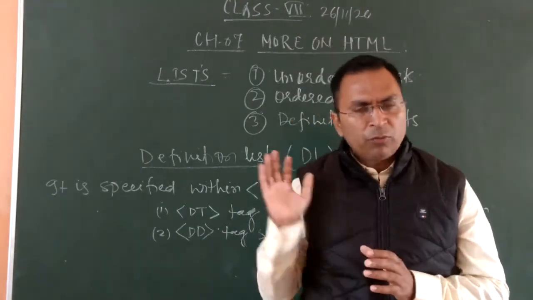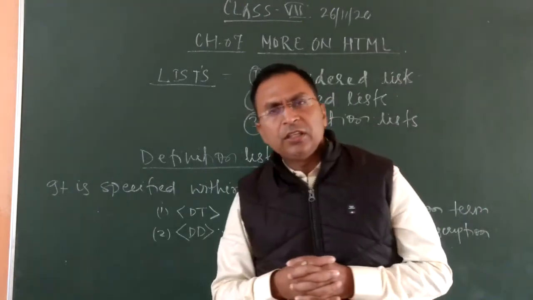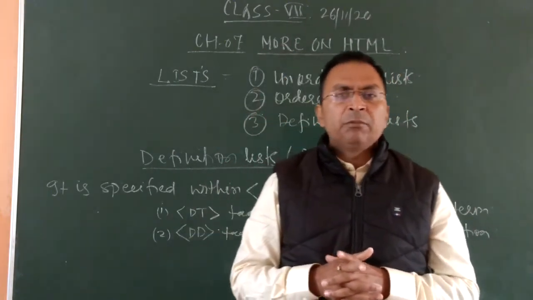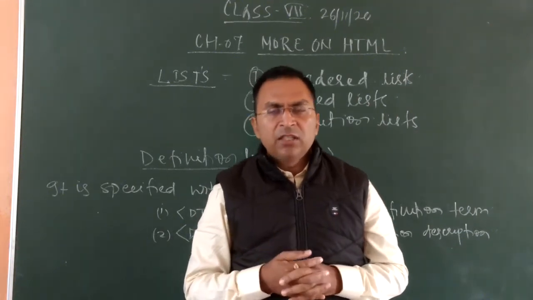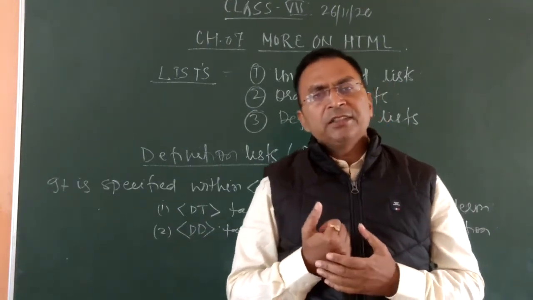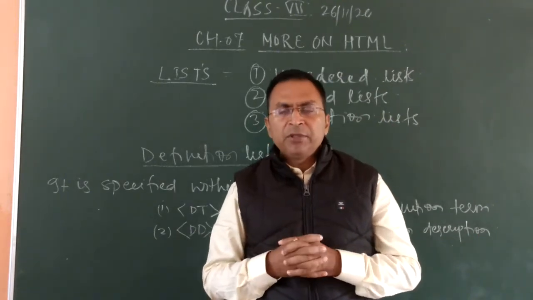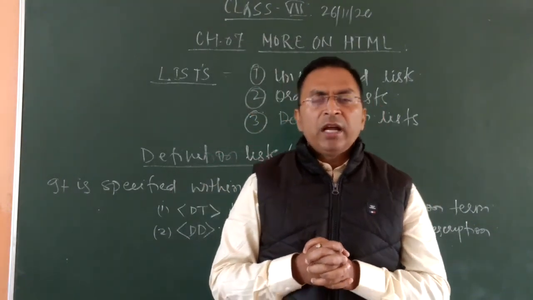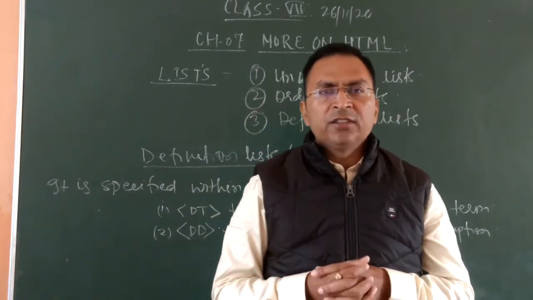On the basis of this definition list, in the next class we will write some HTML code, and we will see how the definition list performs and how the output is generated. Then we will take some examples and get some idea of the ordered list, unordered list, and definition list.